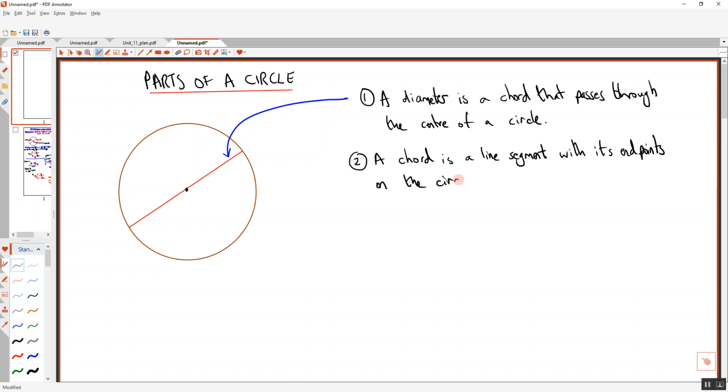So if I had to draw a chord, I could draw it like this. Just going from one edge to the other. Okay, that is an example of a chord.